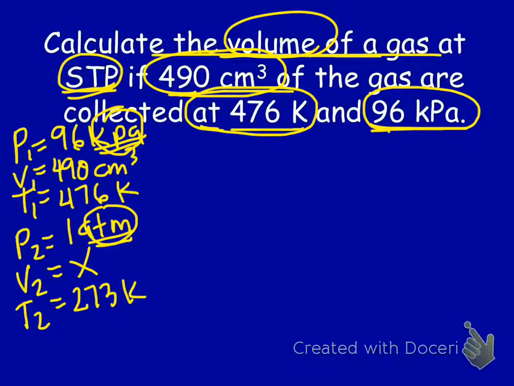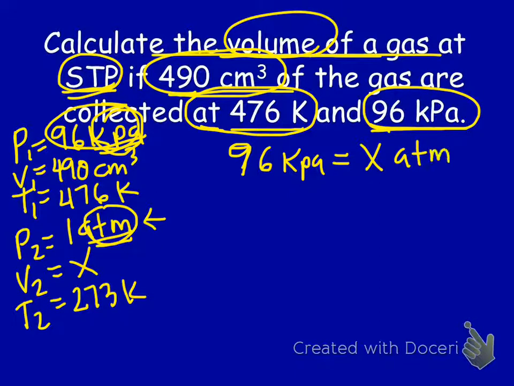P2 is already in atm. I'm going to convert P1 to atmospheres. Right now I have 96 kPa, and I want to convert that to atm so that my units are the same. So equals how many atm? That's my question.